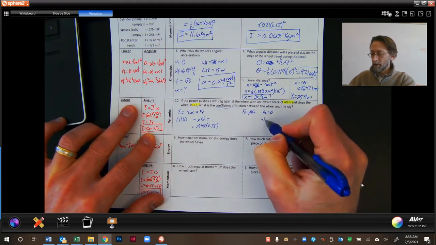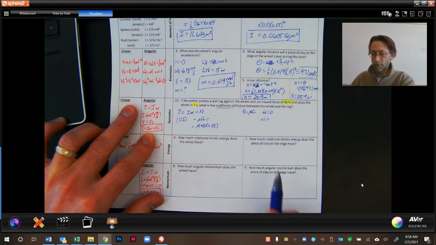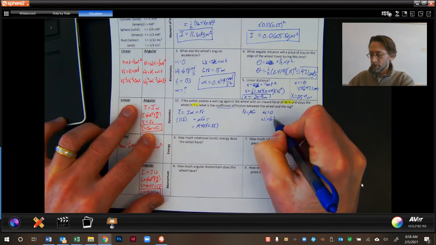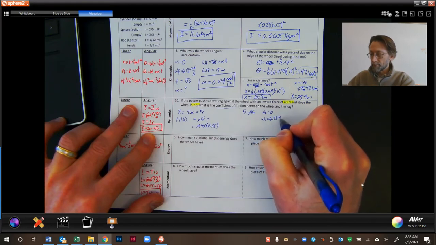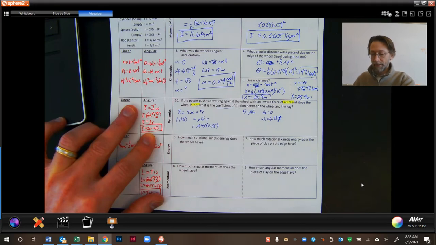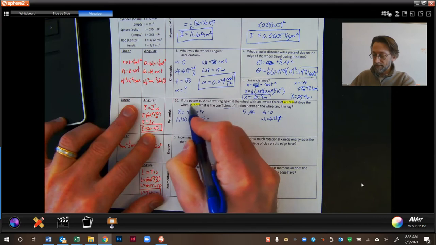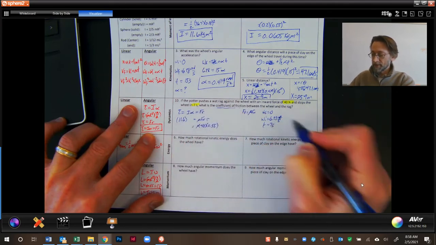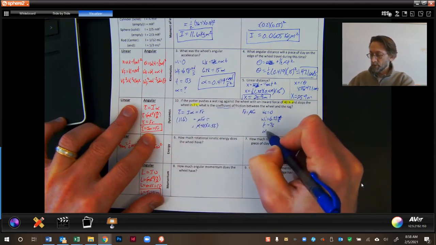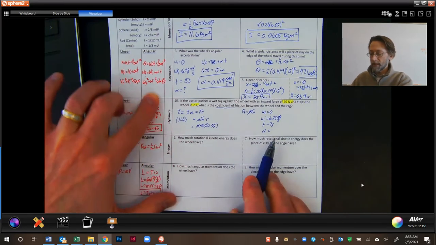The initial angular velocity will be whatever we calculated up above, the 6.28 radians per second. The time that it takes, they give us is the 7 seconds, which means then we're looking for alpha.